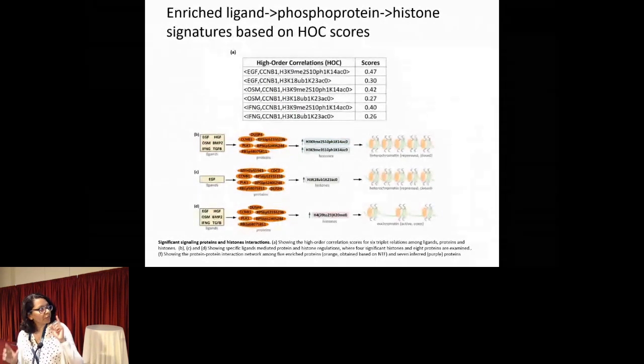So we were able to construct a 3D network where you can see that by inducing various growth factors, these are the phosphoproteins that are significant and how they mediate specific histone marks, giving us whether it's repressing or activating DNA accessibility.